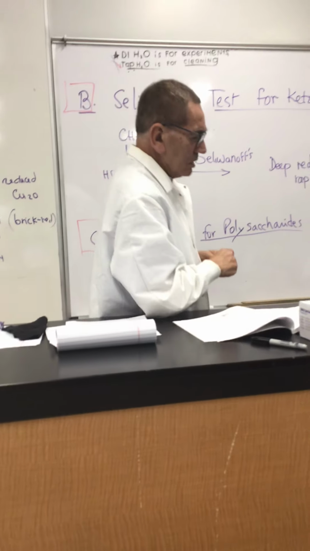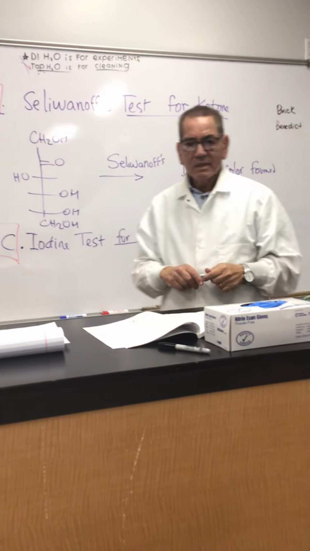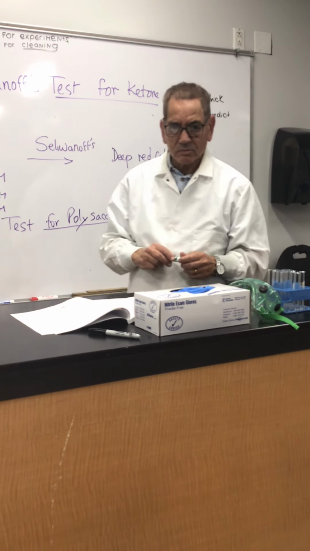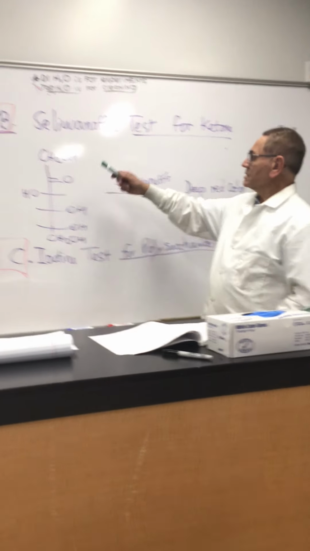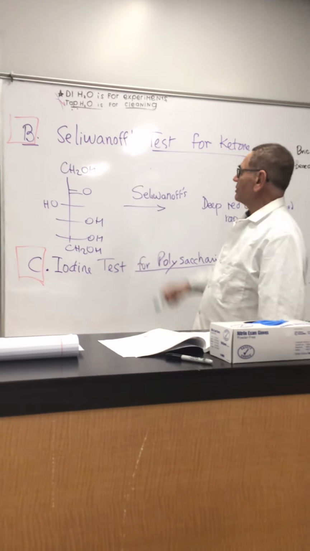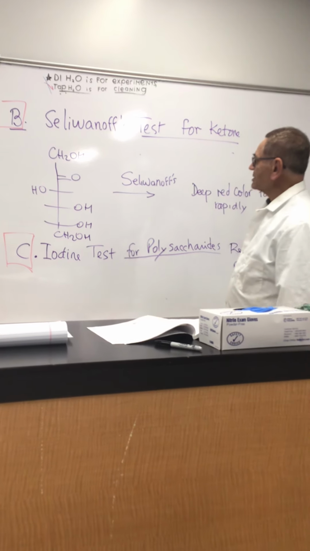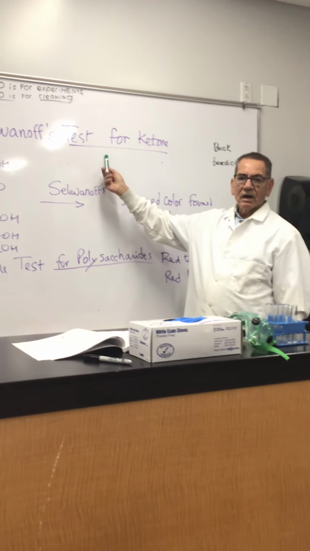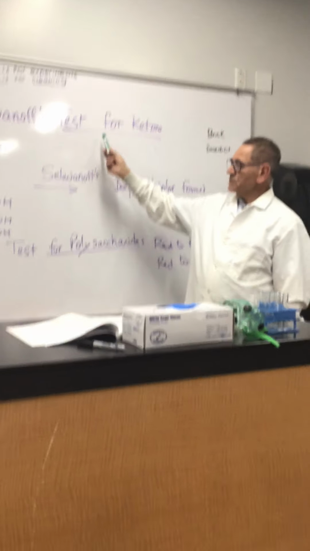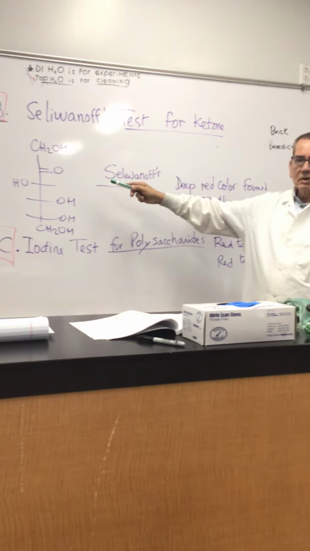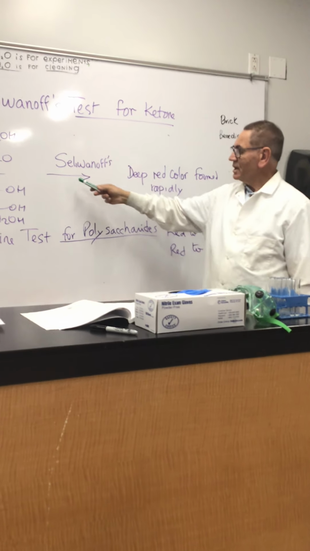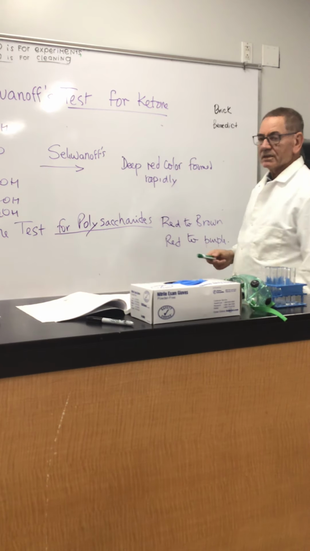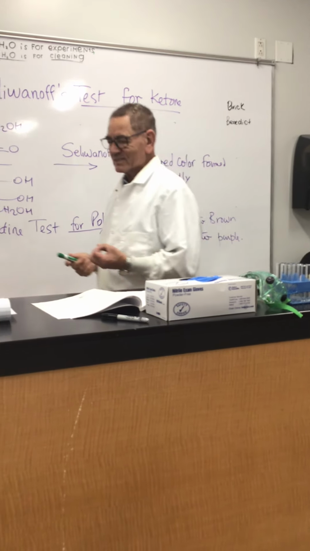That's test number 1. Test number 2 is specific for ketoses. That means the ketone part of the carbohydrates. This test is called Seliwanov's test. What's the positive test about Seliwanov's test? If you add Seliwanov reagent to your ketose, the color changes to a deep red color, and it forms very rapidly, very fast.